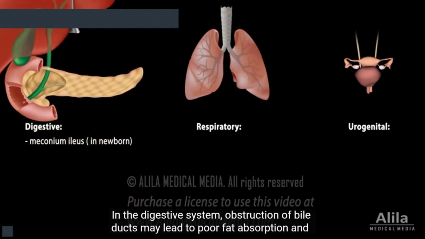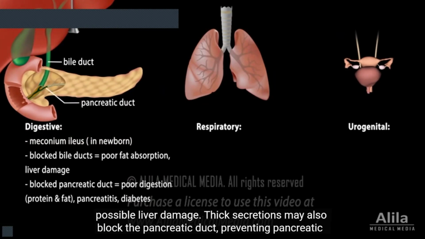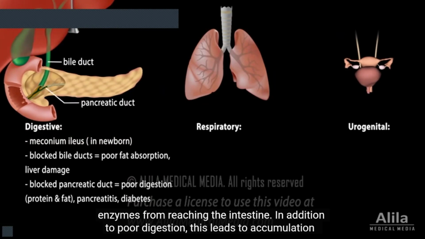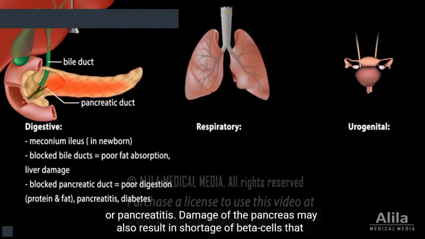In the digestive system, obstruction of bile ducts may lead to poor fat absorption and possible liver damage. Thick secretions may also block the pancreatic duct, preventing pancreatic enzymes from reaching the intestine. In addition to poor digestion, this leads to accumulation of digestive enzymes in the pancreas, which destroy pancreatic tissue, causing inflammation or pancreatitis.